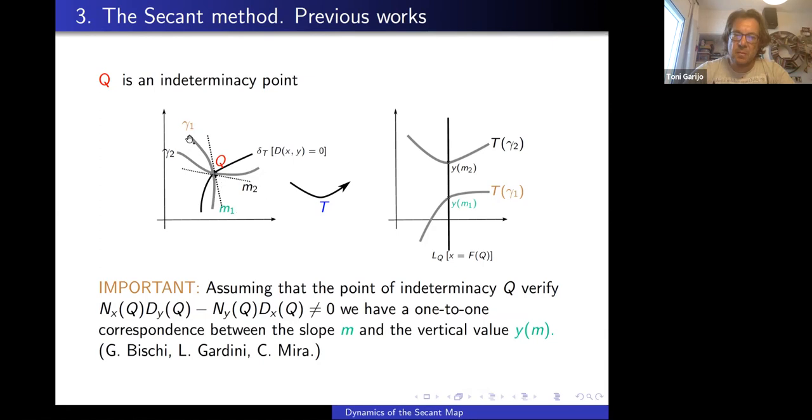Then, using this curve, it's possible to compute T and compute the limit at that point. What happens is that the image is on one vertical line. Why one vertical line? Because the first component has no problem. So if I take one of these curves, the first component is equal to f of Q, that is the first component of the map T.